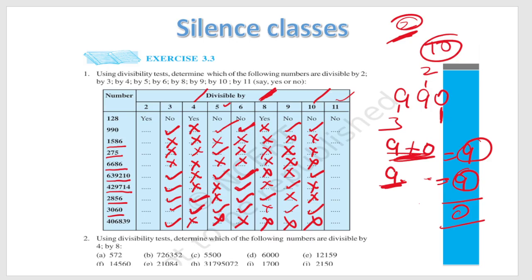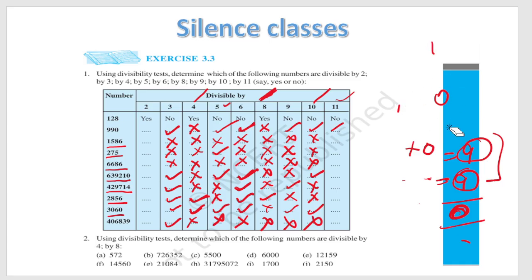If the subtraction gives 0, or a multiple of 11, like 11, 22, 33, then we can say the number is divisible by 11.